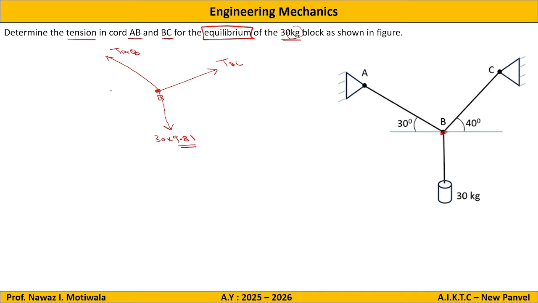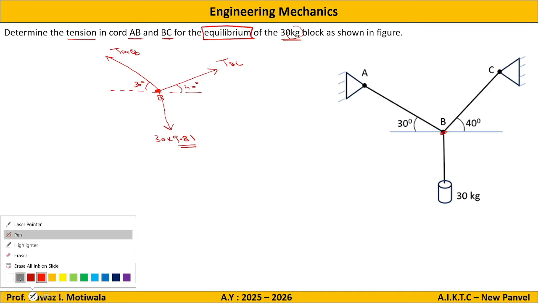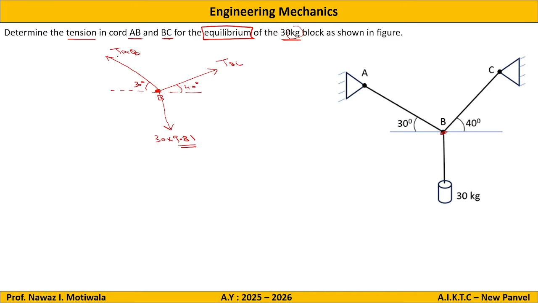So for Lami's theorem, I need angles. This angle is given to us as 30 degrees, and this angle is given to us as 40 degrees. Now, Lami's theorem says force upon sine of angle between the other two forces. Let us say if I take this as the first force, TAB divided by sine of angle between the other two forces.